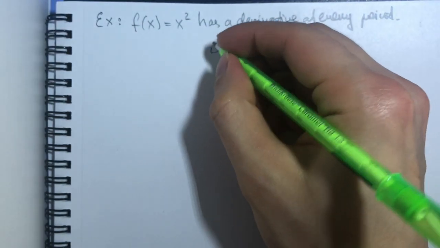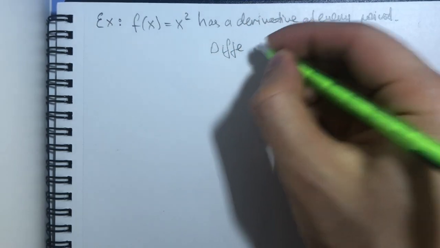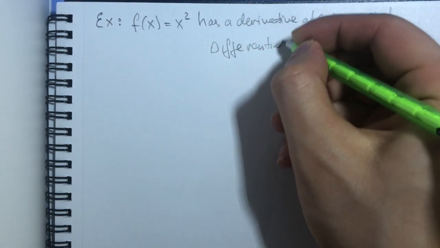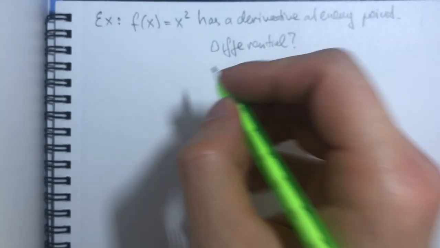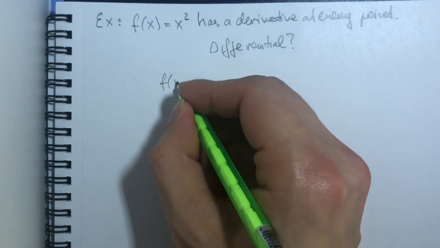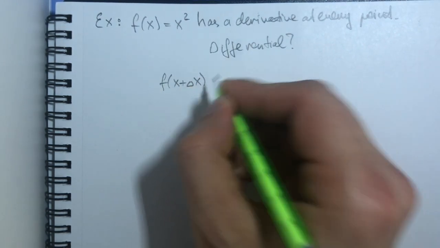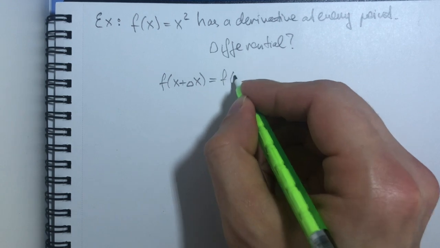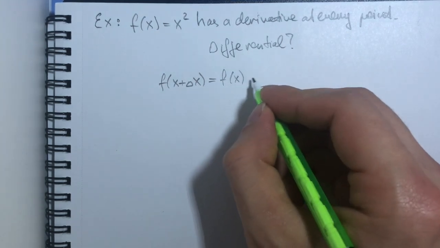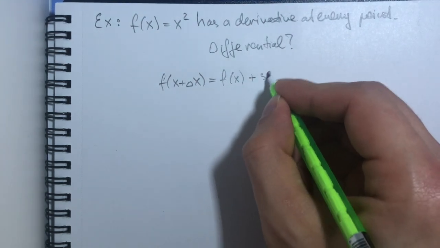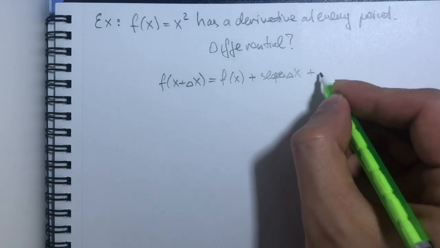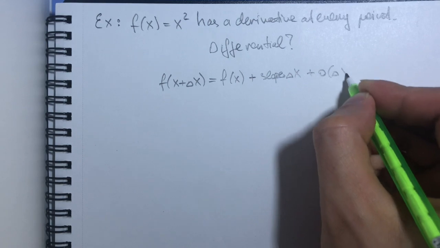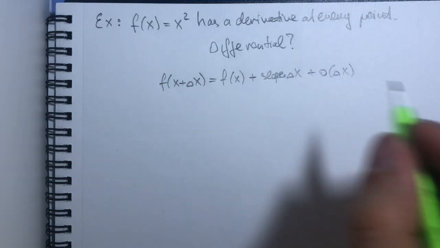So now, what is a differential? Remember, in our intuitive definition for what a tangent should be, we wrote that the new value of f is the old value of f plus the slope times delta x plus a little o of delta x.